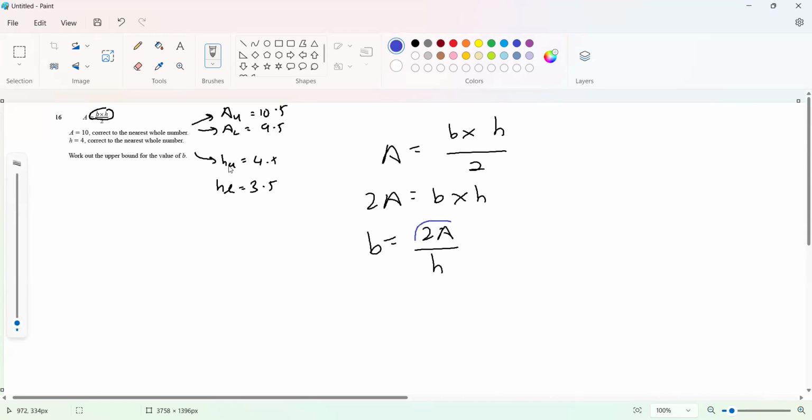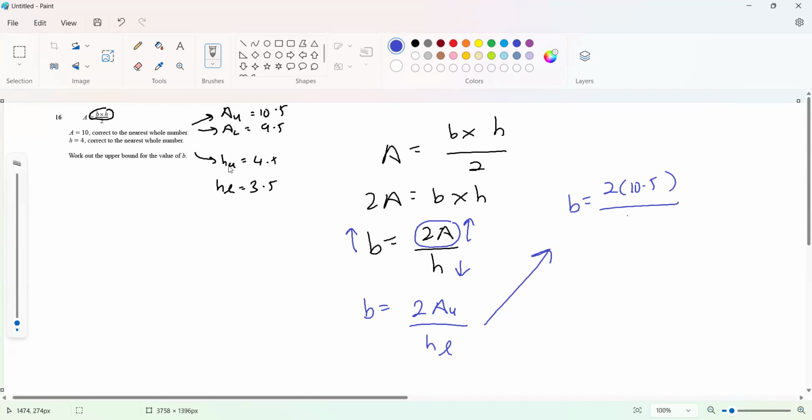So in this case, you want b to be larger. You must make this larger and you must make this smaller. So in other words, b equals 2a upper over h lower. So b equals 2 times 10.5 over h lower, which is 3.5. So b equals 6. So this is the upper bound for b, 6.